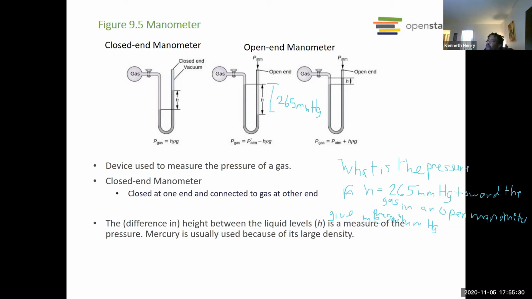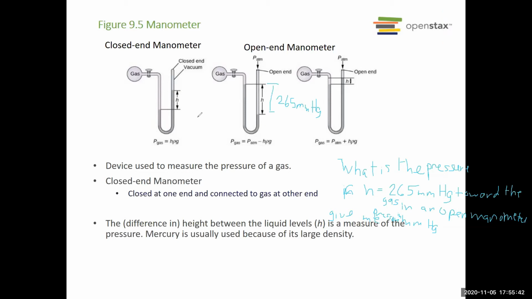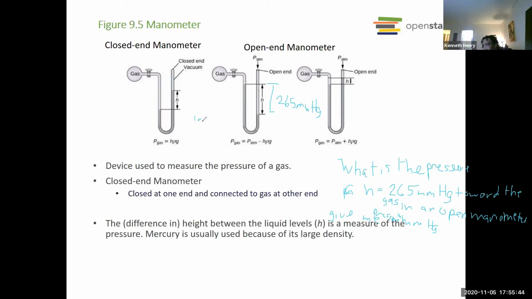So what is your atmospheric pressure in millimeters of mercury? It's 760. Okay, so 1 atmosphere is equal to 760.